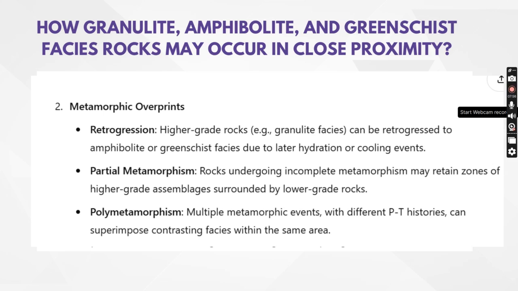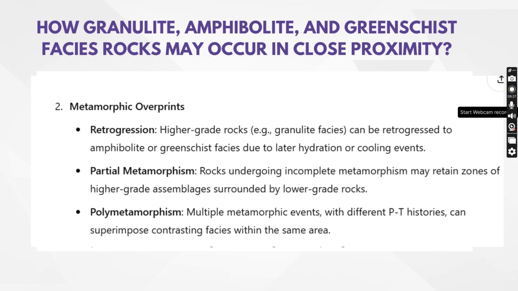Apart from that, in partial metamorphism, rocks undergoing incomplete metamorphism may retain zones of higher grade assemblage surrounded by lower grade. So these are certain circumstances when lower and higher grade can coexist. Further, another point is polymetamorphism. Multiple metamorphic events with different PT, pressure-temperature, histories can superimpose contrasting phases within the same area.